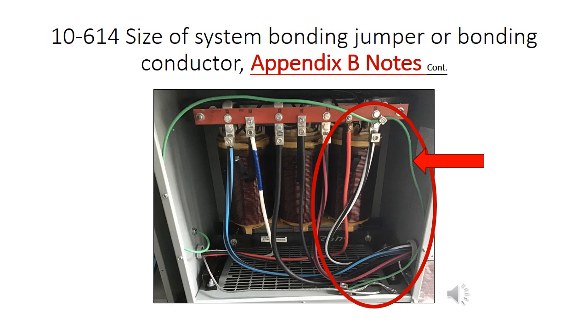Once again, if your primary overcurrent protection has been reduced down to 125 amps, a number 3 copper conductor is permitted. However, if you upsize the overcurrent device to 150 amps, your system bonding jumper is now a number 2 copper conductor.